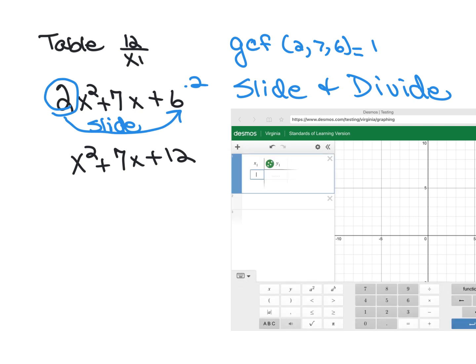And it's negative 10. And then negative 9. Negative 8.